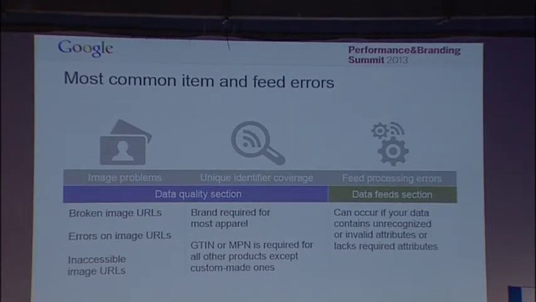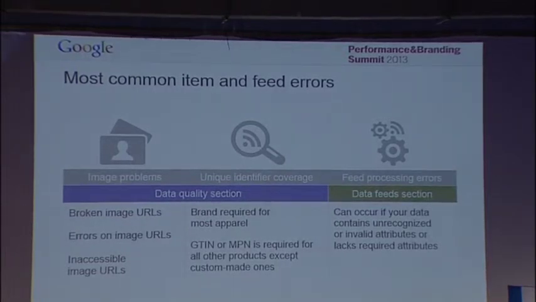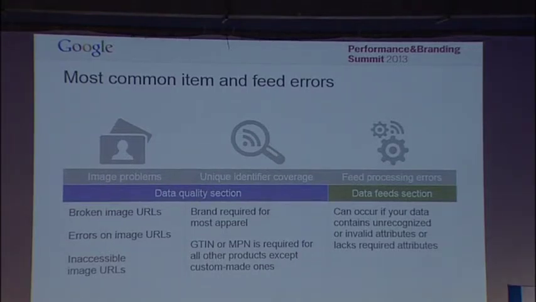So the first step in optimizing your PLA campaign will be to look at your feed and see any errors there is. So on the Merchant Center, there is one page called data quality in blue, and you will see there any problems with your image, which are quite common, and also missing unique product identifiers, or maybe you put something in the attribute, but it's not correct.